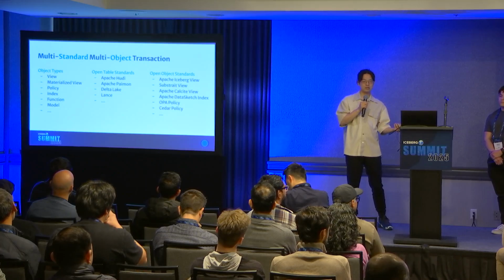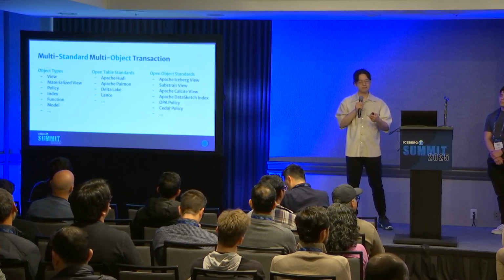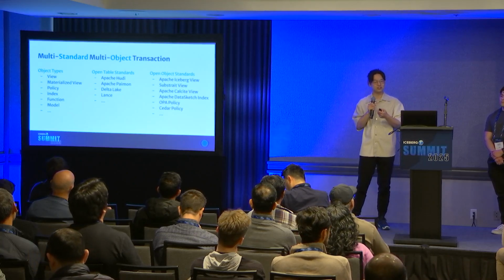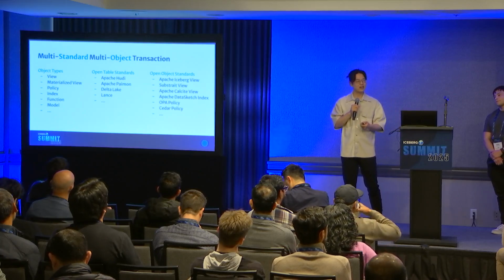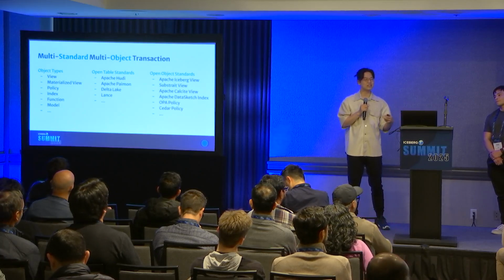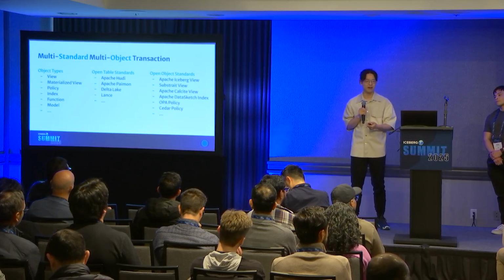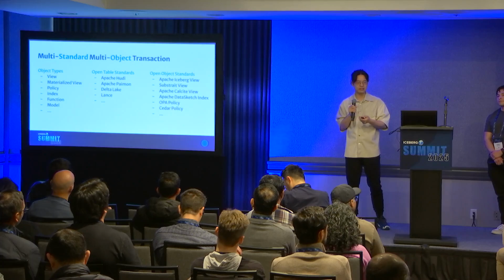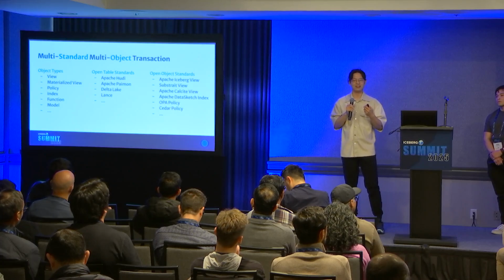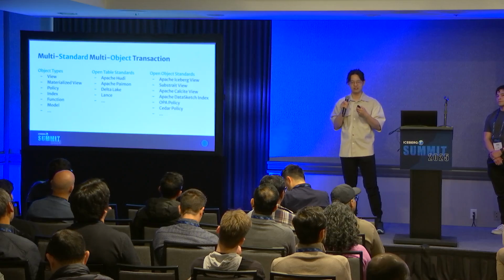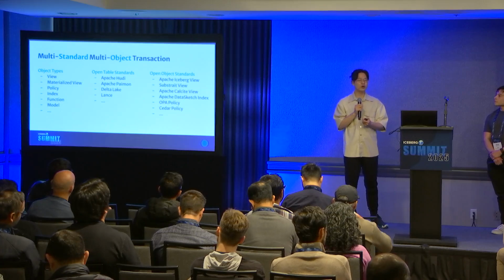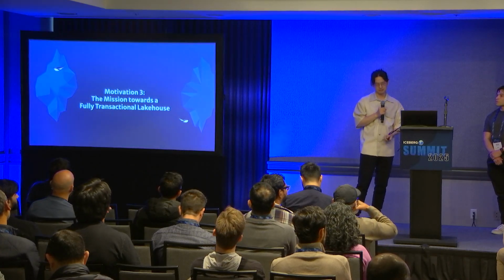And in the policy space, we're also seeing people trying to use a standard policy syntax, such as Open Policy Agent, OPA, or the Cedar policy syntax. So there are all these different standards and different object types that are emerging in a lakehouse that you probably want to transact at the same time. For example, I want to load multiple tables and then commit, then I will refresh the MV, I will refresh my view, or set policies for different things. So they really need to work together to form a coherent experience.